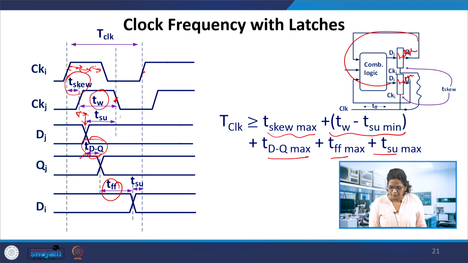So these should be included in the clock period. The clock period should be at least greater than or equal to the sum of all these times, where the change can be observed; instead of C to Q, there is a possibility of D to Q.